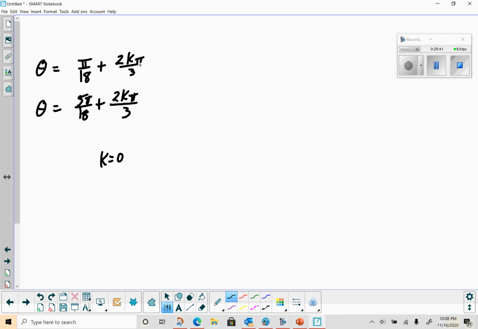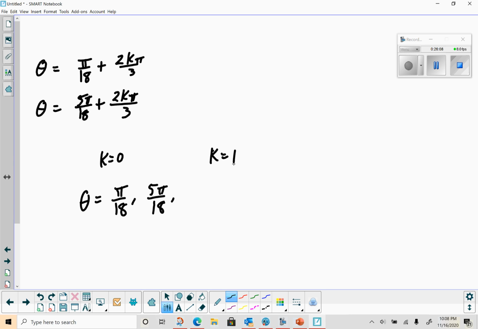So if we substitute 0 in place of k, which basically makes that second part of it disappear, we'll get pi over 18. And the second one will get 5 pi over 18. But again, that's not everything between 0 and 2 pi, is it?